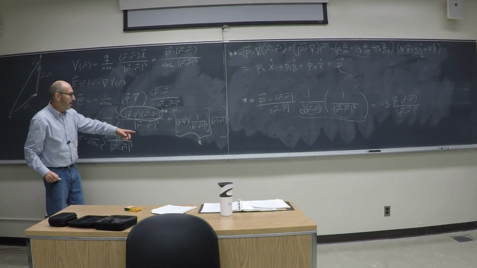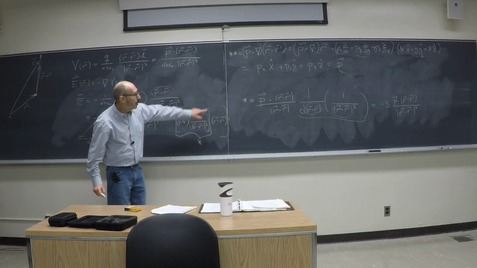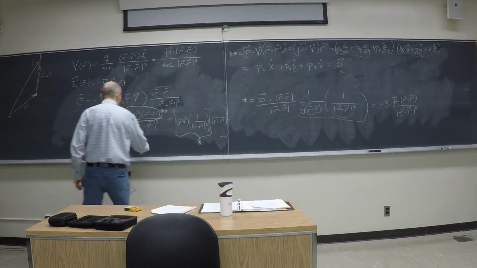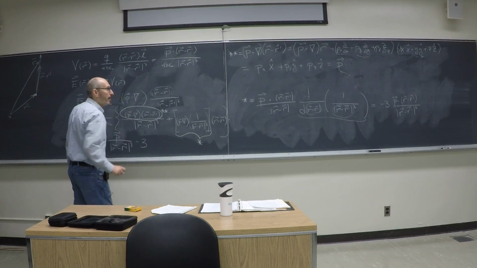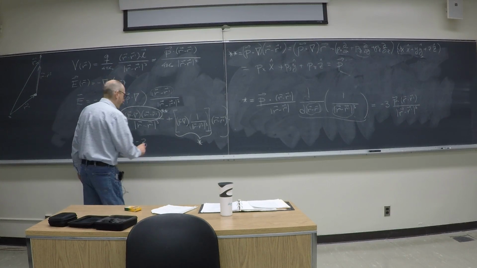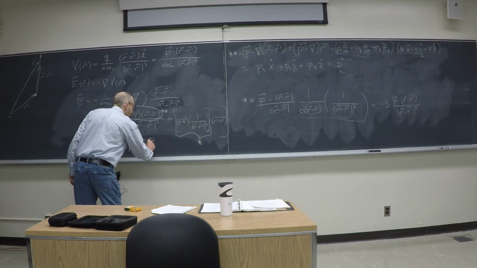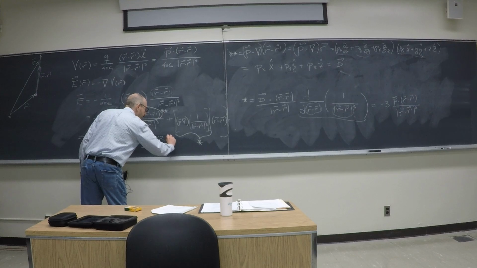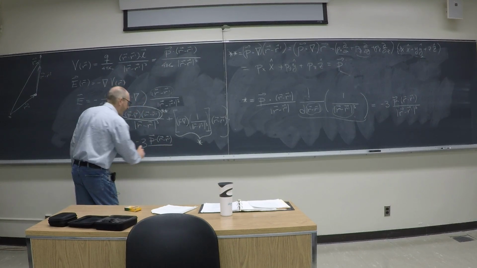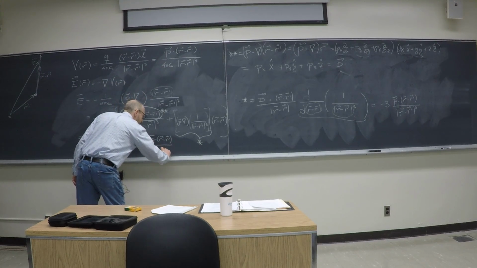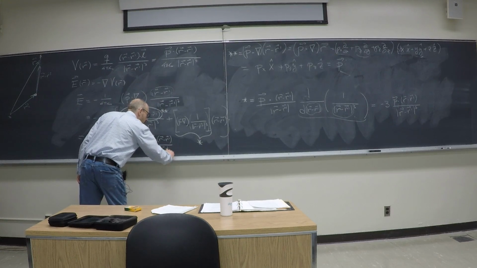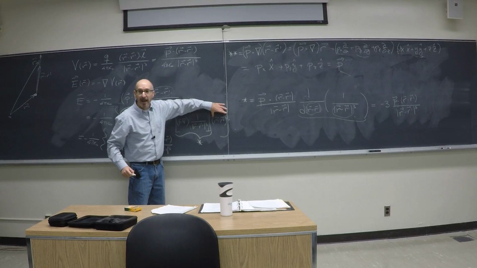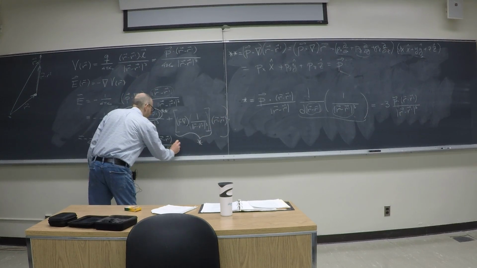And the second term, this star term, we worked out down here, so it's a minus 3 times P dot R minus R prime, divided by R minus R prime to the fifth, and then multiplied by this R minus R prime vector.